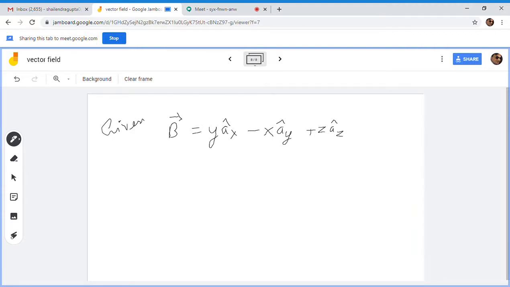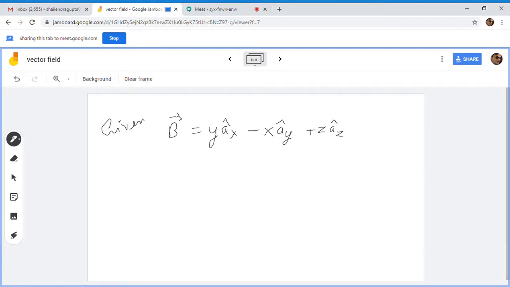But let us just see how the visualization of the vector is improved when we go to another coordinate system. For the time being, let us convert this vector field into a cylindrical coordinate system.